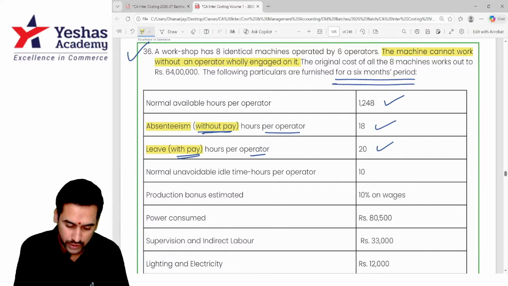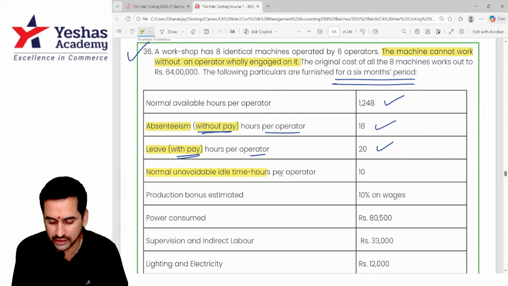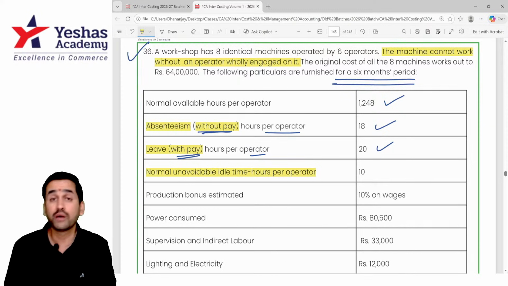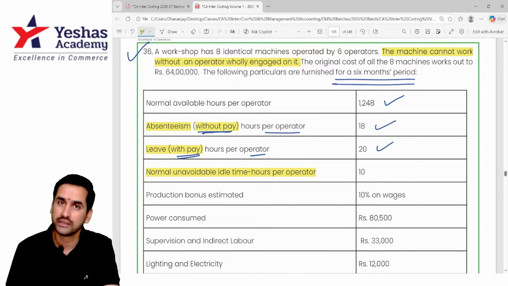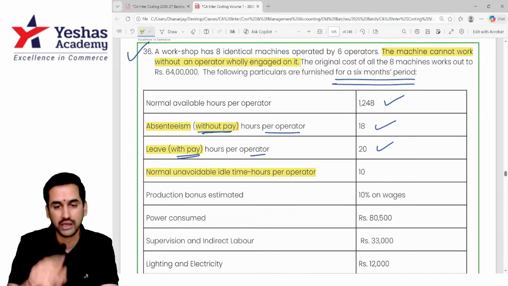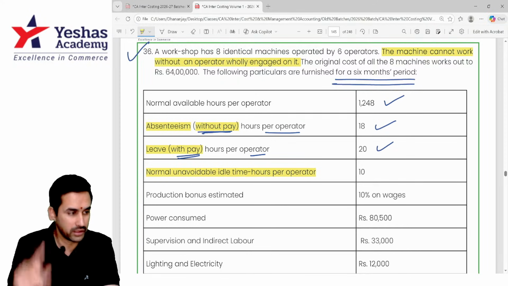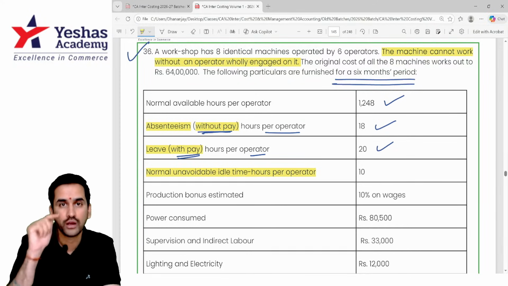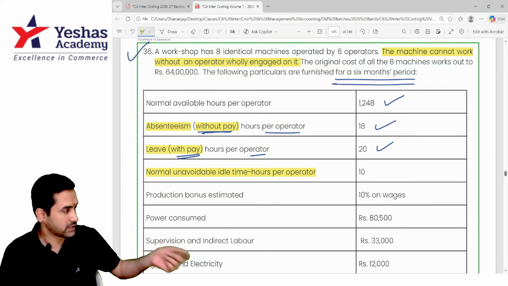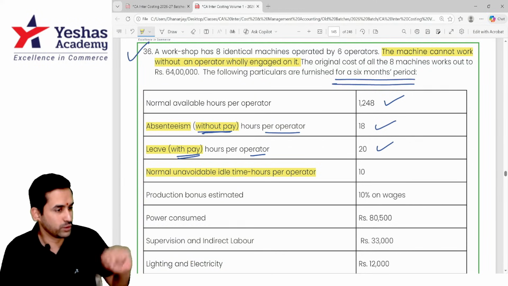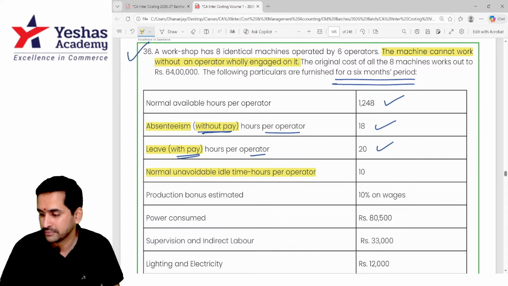Next, normal unavoidable idle time per operator. Unavoidable idle time, what is this? Tea, coffee, lunch break. If the employee goes for a lunch break, the machine is off. Because in the first paragraph, the machine will work only when an operator is wholly engaged on it. You can't ask your colleague to manage 2 machines because you want to have a coffee. That they clarified in the first para itself.